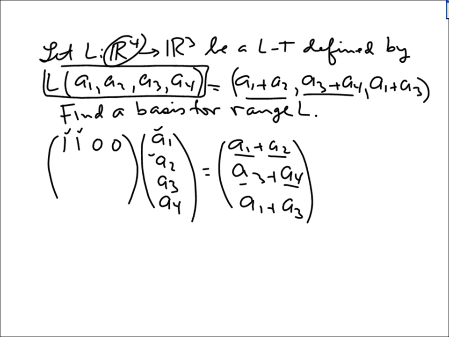Now I want to get A3 plus A4. So I want the third position to be 1 because it'll get multiplied by the third position in the column vector. I want the fourth position to be 1 because it'll get multiplied by A4. So far we have 1A3 plus 1A4. No A1s and no A2s. For the A1 plus A3 row, in the first column I put a 1, in the third column I put a 1.